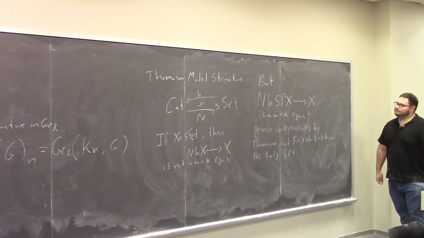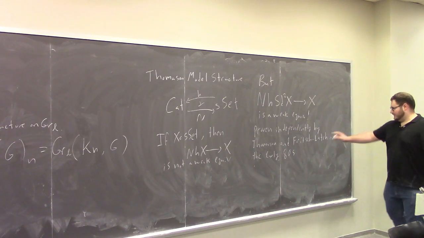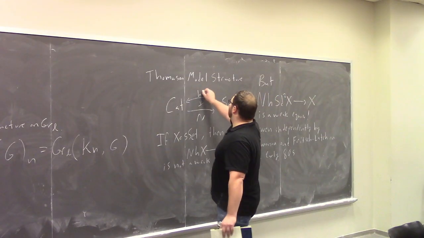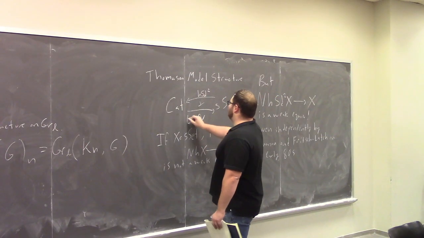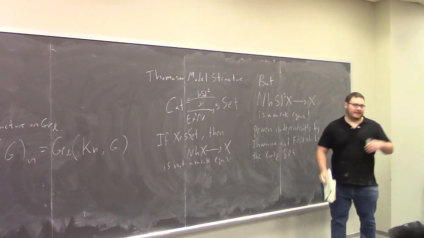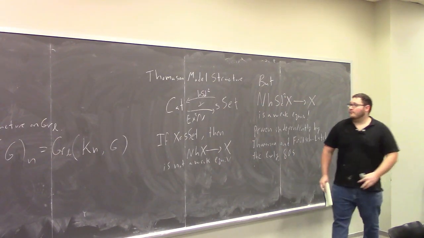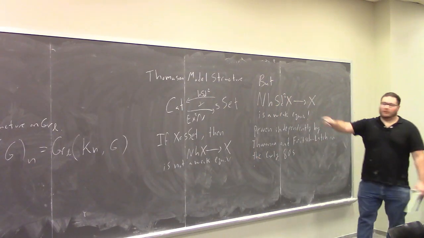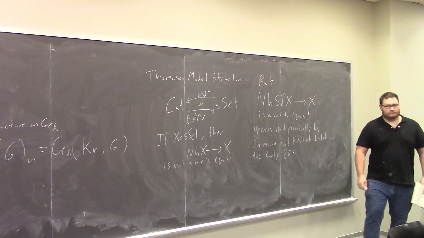Okay? Latch was a student of Heller. Didn't know that. Nice. So then Thomason uses this idea to transfer the model structure from simplicial sets onto categories. And he's able, using this fact, to show that it's an equivalence. Okay?